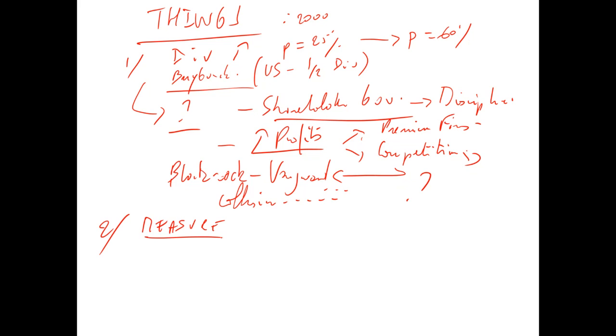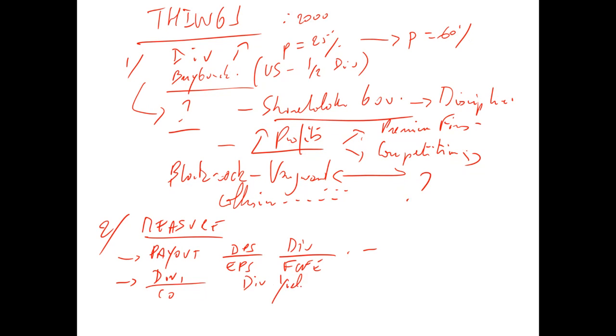Second, what I want to tell you is how we measure dividends. In fact, there are three big measures. First, you use some payout: you take dividend per share over earnings per share, or total dividend over free cash flow to equity, so you relate the dividend to a level of something that you can pay out. The second way is to measure dividend over the stock price, which gives a dividend yield.